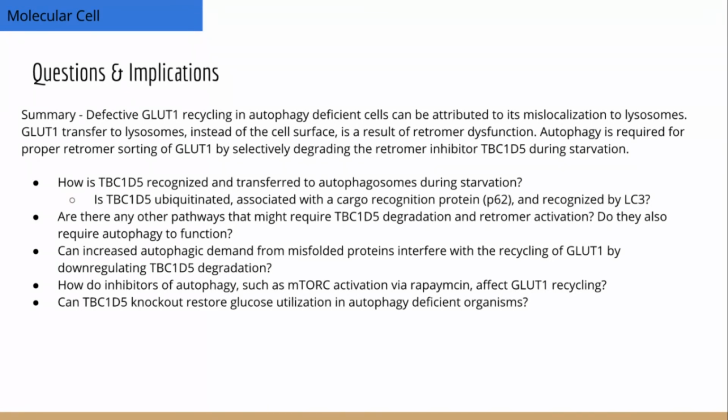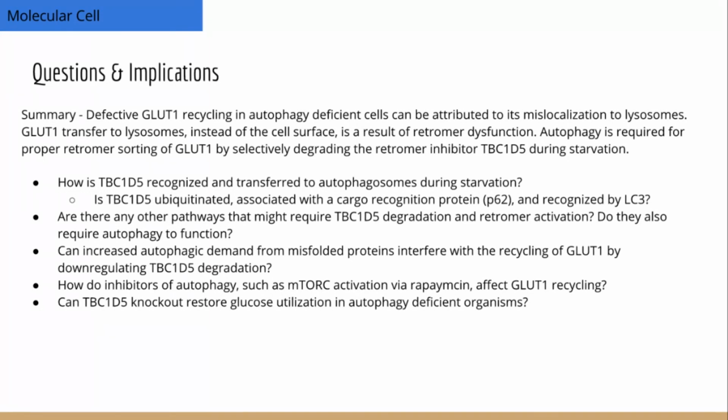Can increased or dysfunctional autophagy from misfolded proteins, such as in neurodegenerative diseases, interfere with the recycling of GLUT1 by downregulating TBC1D5 degradation? So Alzheimer's disease is often called type 3 diabetes, and I wonder if altered autophagic activity could be preventing proper glucose import through this interaction between the retromer and TBC1D5.